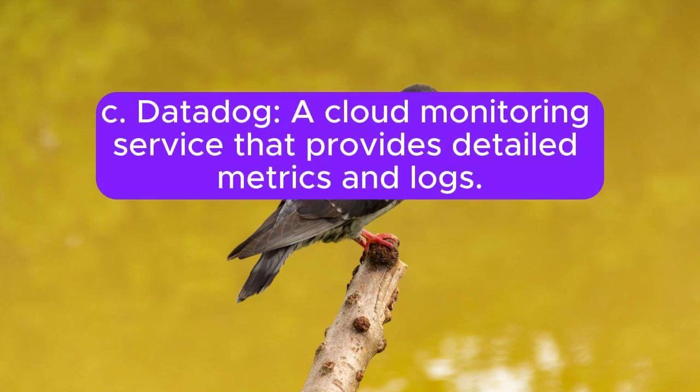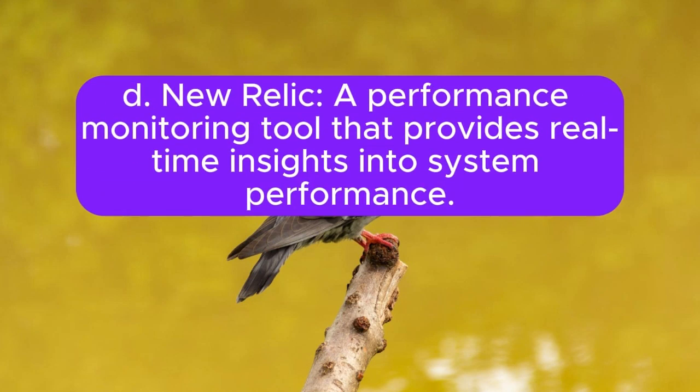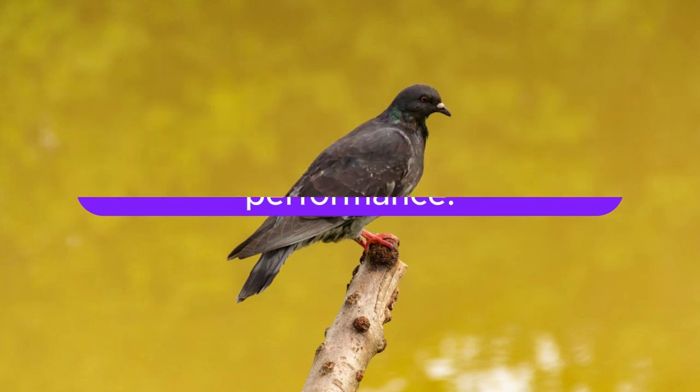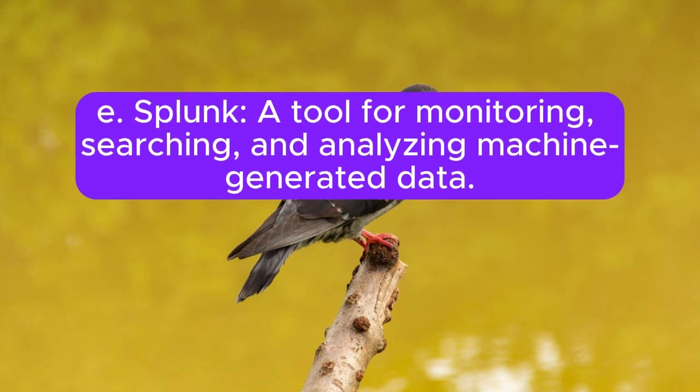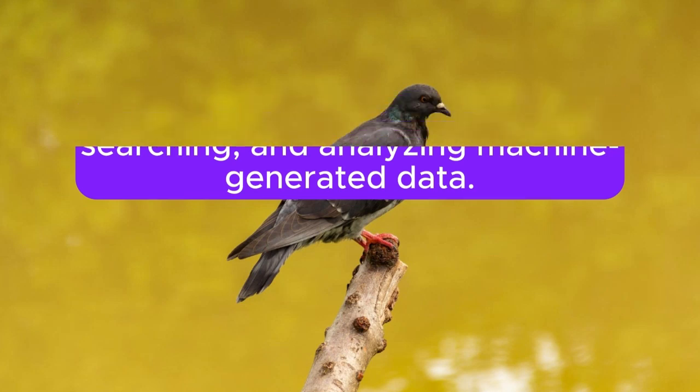C. Datadog, a cloud monitoring service that provides detailed metrics and logs. D. New Relic, a performance monitoring tool that provides real-time insights into system performance. E. Splunk, a tool for monitoring, searching, and analyzing machine-generated data.